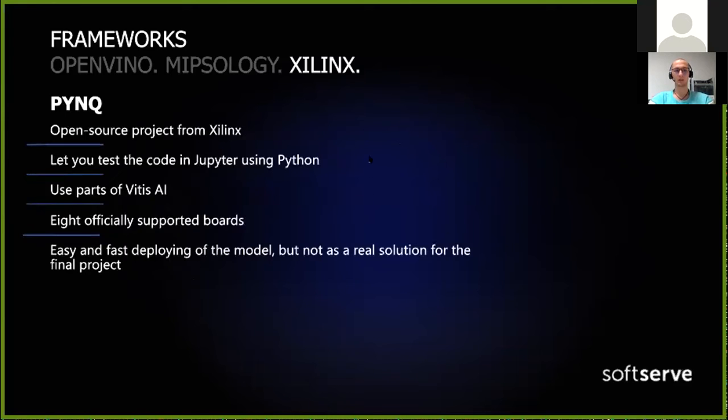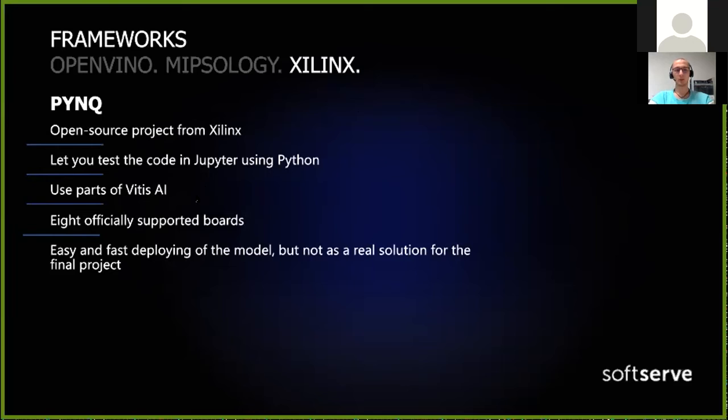And Pynq is another framework from Xilinx. It is a fully open source project, and it lets you test your code and your model in a Jupyter notebook using the Python language only, and also the deep processing unit that I mentioned before.